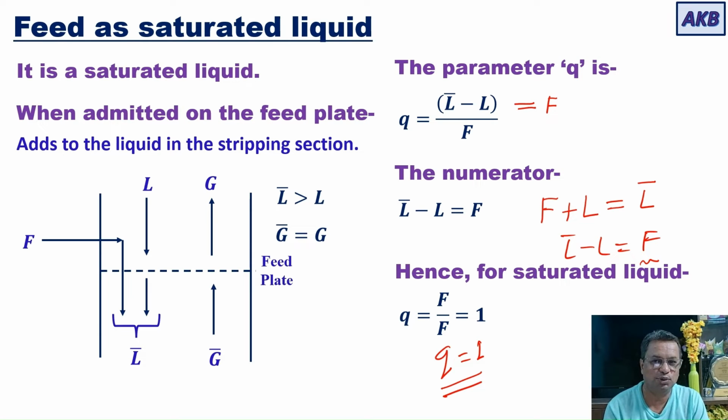I have just told you. So we have simply used this equation to understand or to know that the value of Q for saturated liquid is 1. So henceforth, we remember the value for the parameter Q when the feed is a saturated liquid, then it is equal to 1.